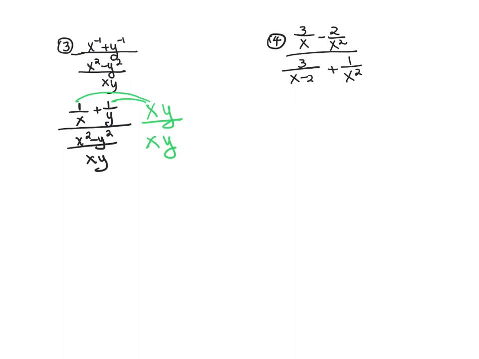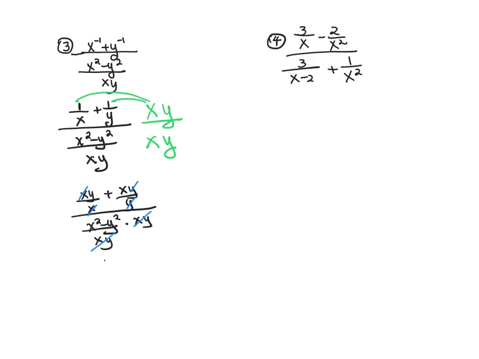So we get xy over x plus xy over y divided by x squared minus y squared over xy times xy. And this is where denominators should clear. So notice the x's divide through, that's a form of 1. Here we have a 1, and these two divide through.